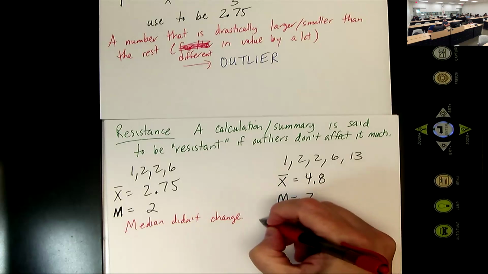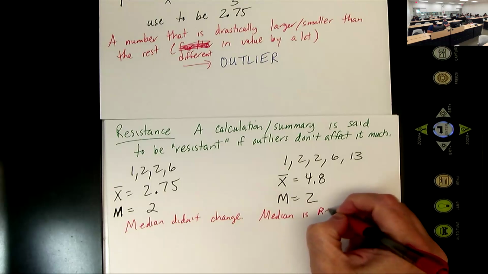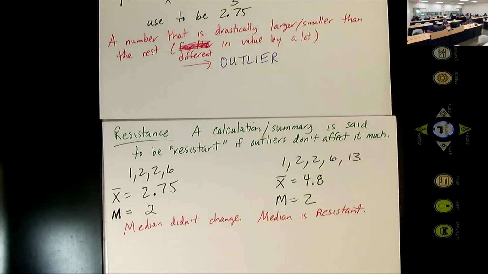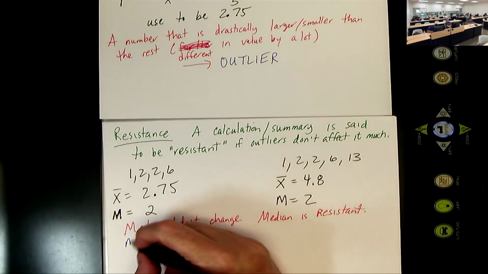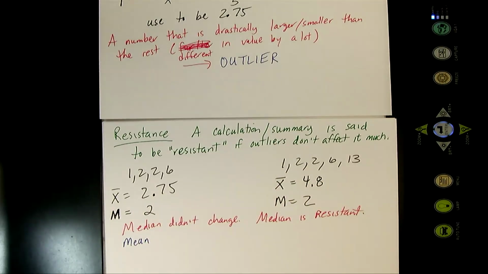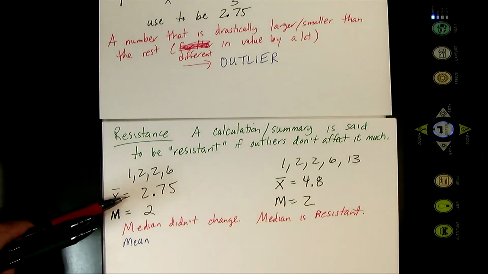So median is resistant. What about the mean? Not too much. If you think about it in terms of money, $2.75 and $4.80, it's not that much. But 4.8 is almost double 2.75.